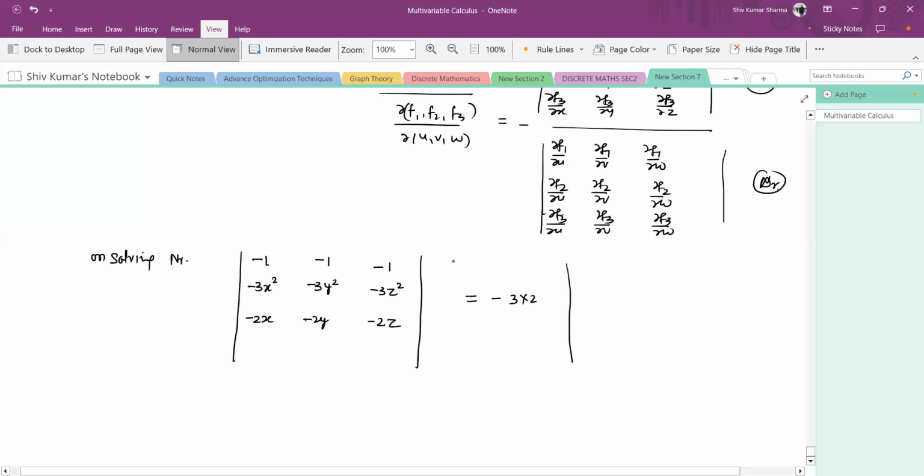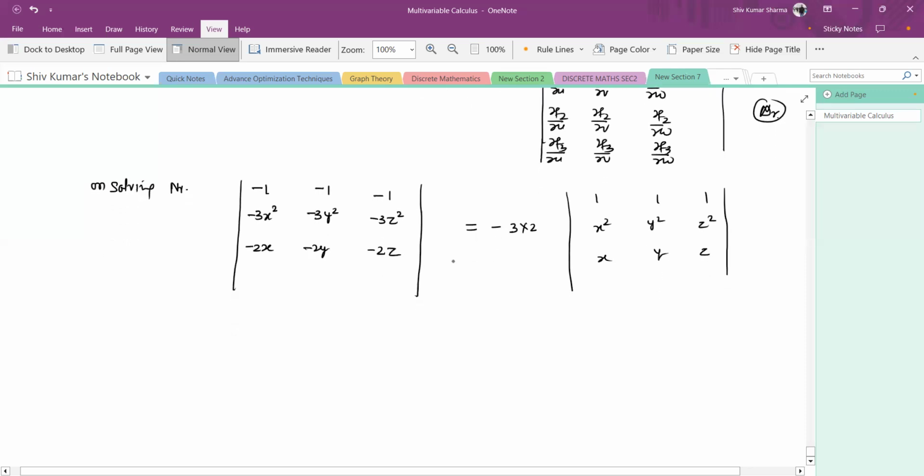So this can be written as 1 1 1, x square, y square, z square, and x, y, z. So this we can write as minus 6, and we can interchange R2 and R3. So we write it as 1 1 1, x, y, z, x square, y square, z square.